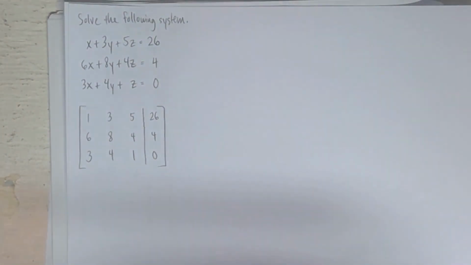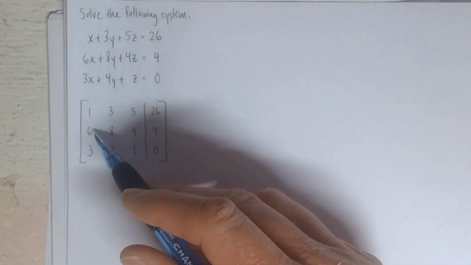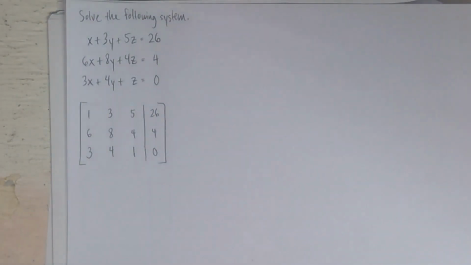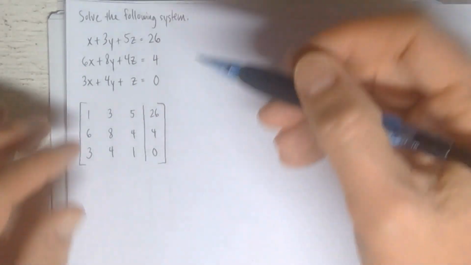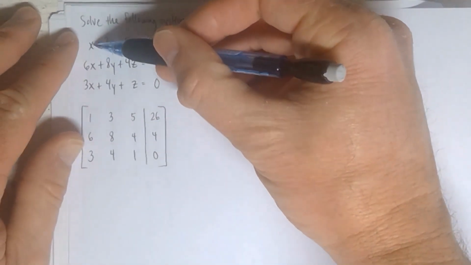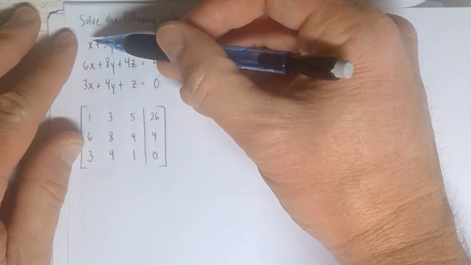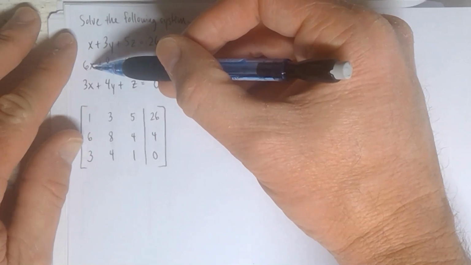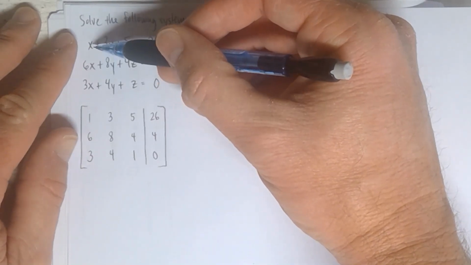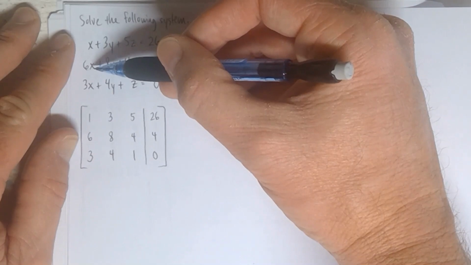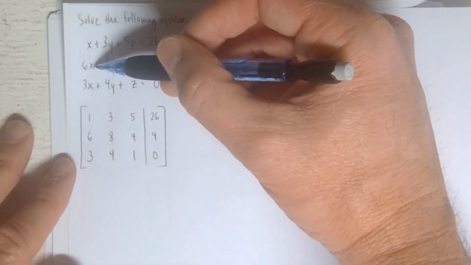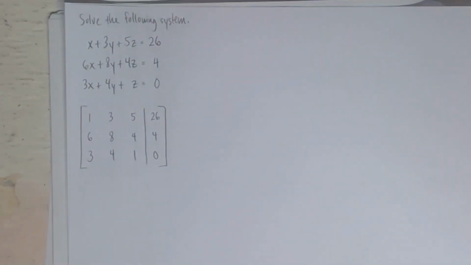But remember, I want to change the 6 to a 0, right? So what that means is that I want to add these two equations together so that the x's will cancel out. Because when you cancel out the x's, that's the same thing as 0x, you guys.